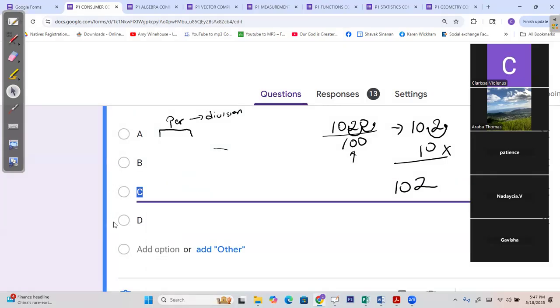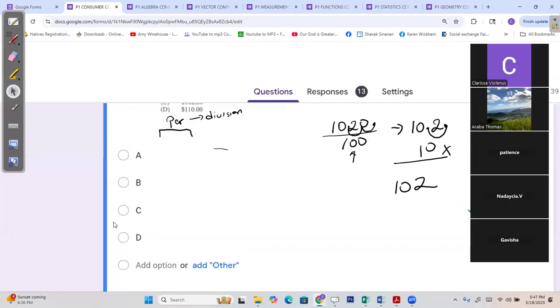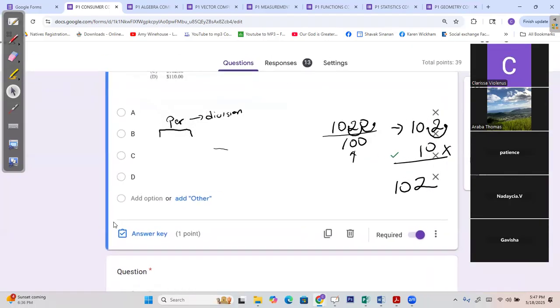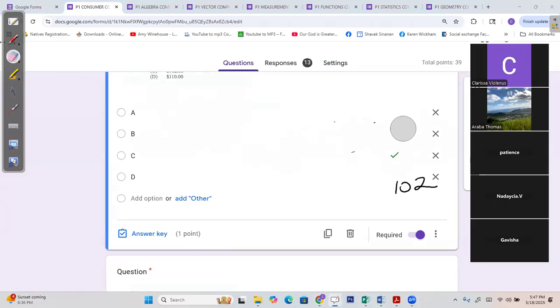I have a quick question. Is this shortcut method that I am showing you helping y'all to figure out these things faster? Are they useful to you? Okay, no problem.